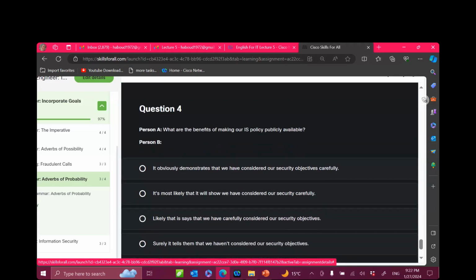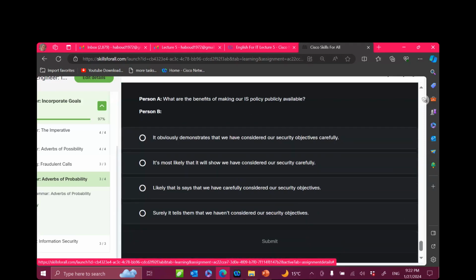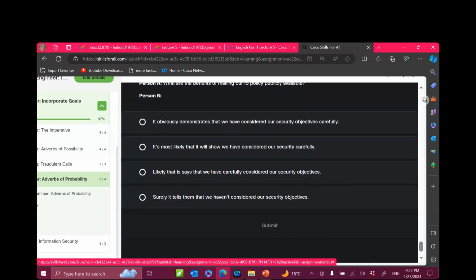It obviously demonstrates that we have considered our security objectives carefully, or it's most likely that it will show we have considered our security carefully, or likely that says that we have carefully considered our security objectives, or surely it tells them that we haven't considered our security objectives. What do you think?